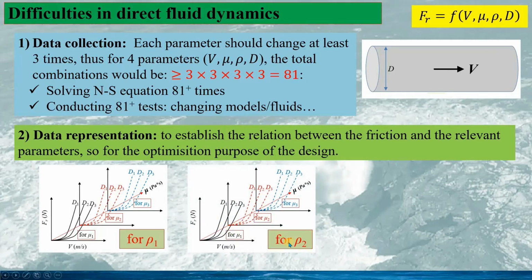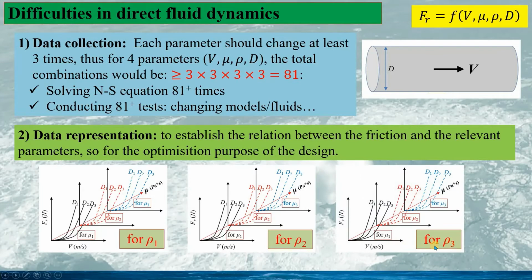However, we need to change the density of the fluid, so we have another plot like this, and for the third fluid density we have a plot like this. So again, we can see that for the data representation in direct fluid dynamics, it would be very difficult to see how the fluid friction depends on these parameters.